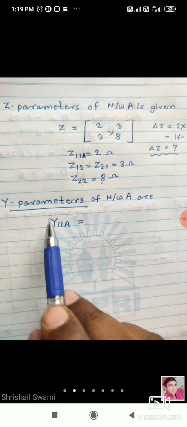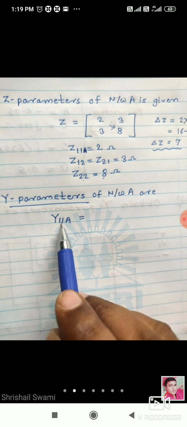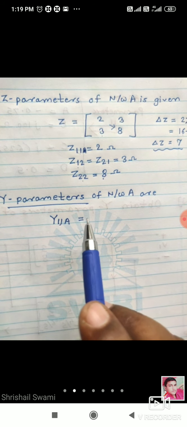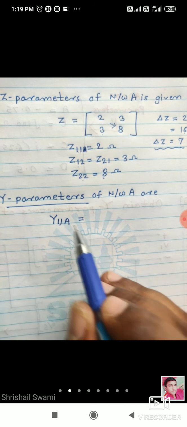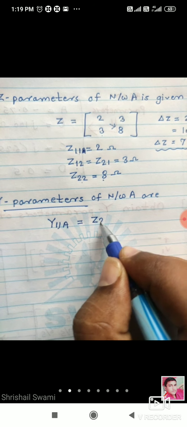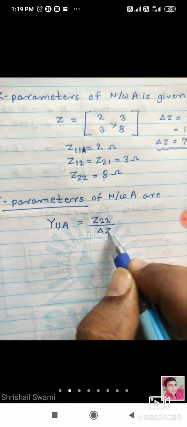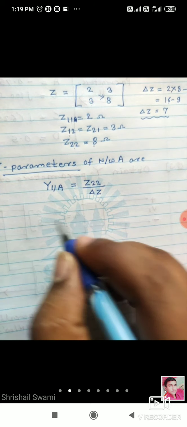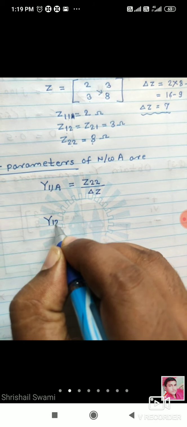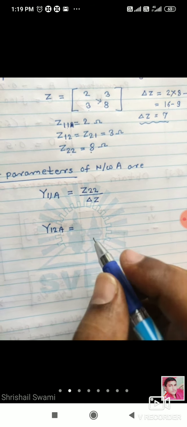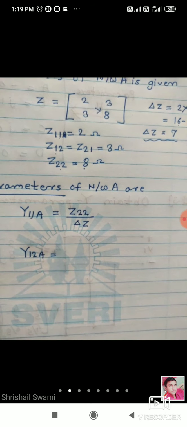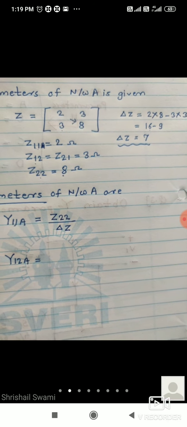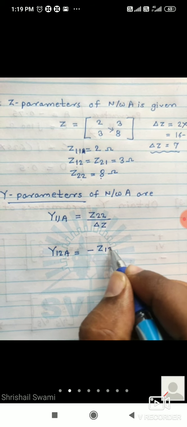So as you are finding Y parameters, you need to know the formulas for Y parameters in terms of Z. So Y11 of A is equal to Z22 divided by delta Z. Y12 of A and Y21 of A: minus Z12 upon delta Z, delta Z is common everywhere.